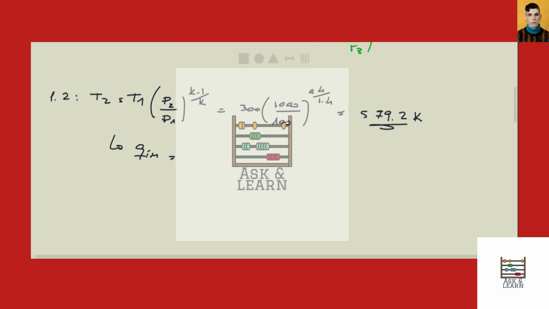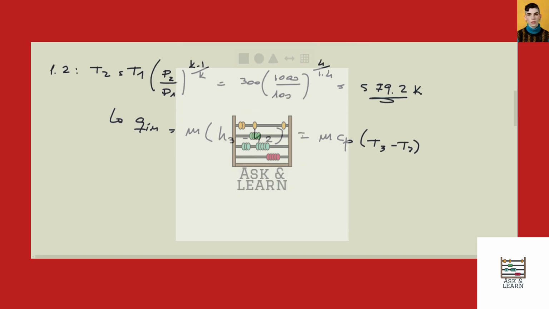Okay, now that we have the temperature 2, we can calculate the input heat, because the input heat, as we know, is going to be the enthalpy change. So it's just M, this should be the mass, times the change in the enthalpy from point 2 to point 3. Therefore, this is simply m Cp (T3 minus T2). You understand why we calculate the temperature 2 before everything? So let's continue here.